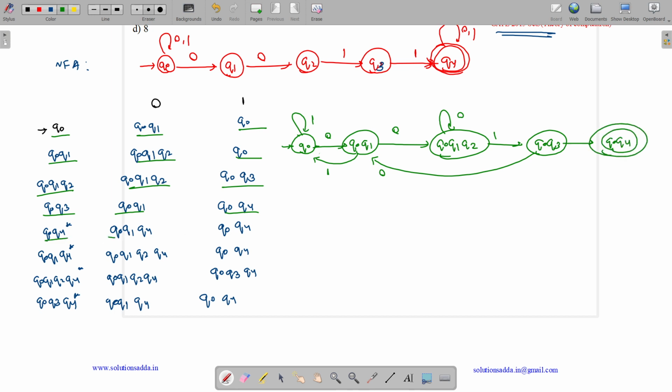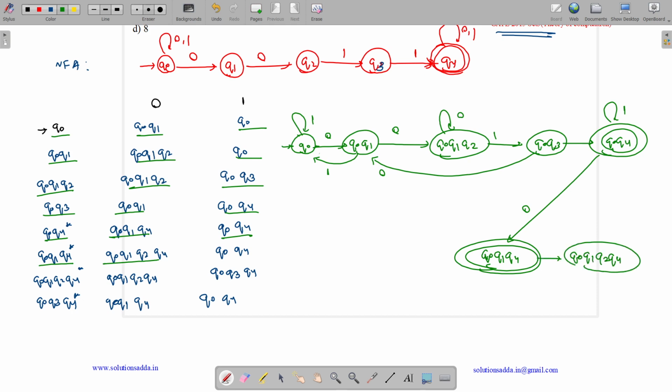Now Q0 Q4 on 0 goes to Q0 Q1 Q4, which is our final state, and on a 1 it goes to Q0 Q4. Now Q0 Q1 Q4 on a 0 goes to Q0 Q1 Q2 Q4, which is also a final state, and on a 1 it goes to Q0 Q4, which is also final.